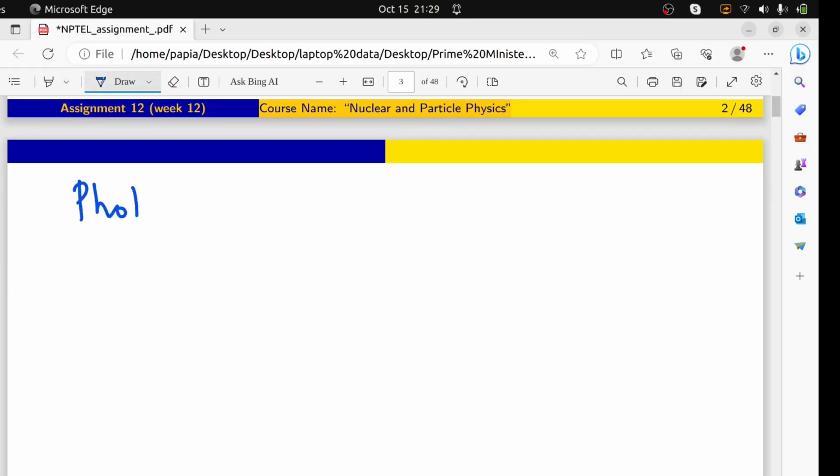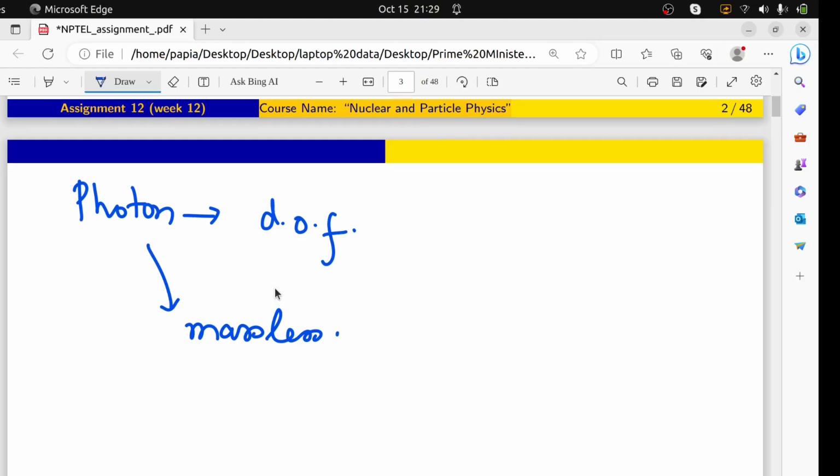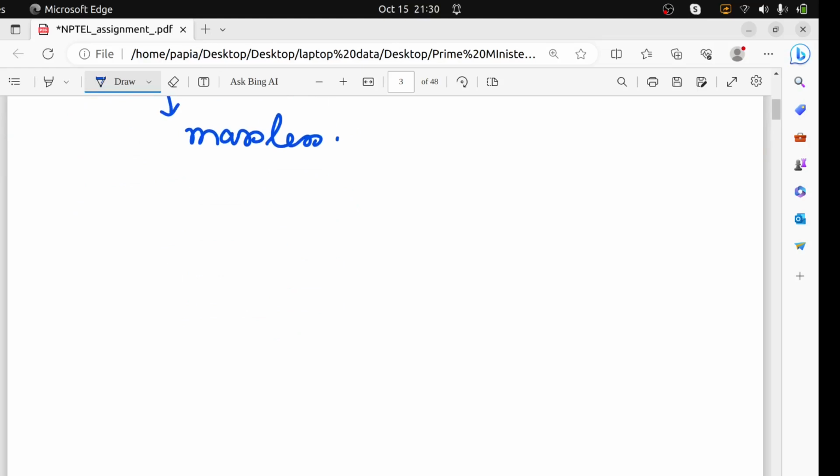Photon. For photon, what will be the degrees of freedom? We all know that photon is massless. There is no mass in photon. So, if photon does not have any mass, the degrees of freedom for this particle is 2. Why?